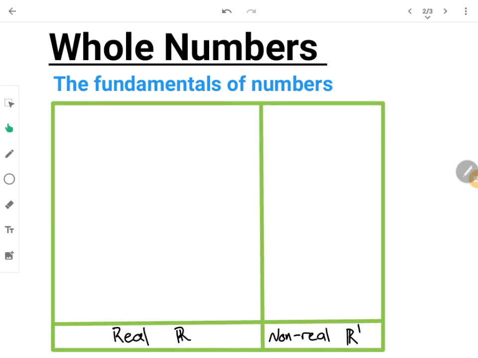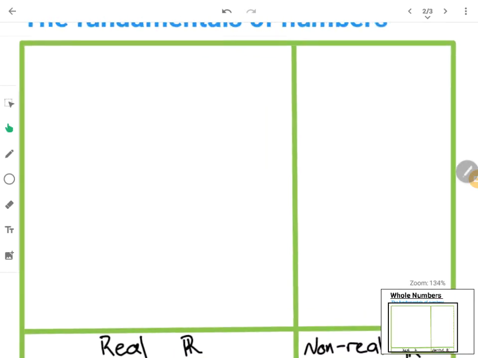You have to get the bottom floor first, and then from the bottom floor you can build the second floor, and then the 3rd floor and 4th, until you've built the whole building. So inside the real number system, we get now rational and irrational numbers.